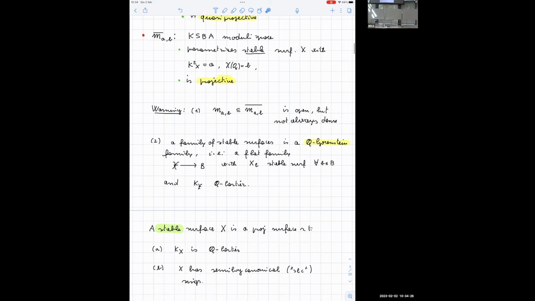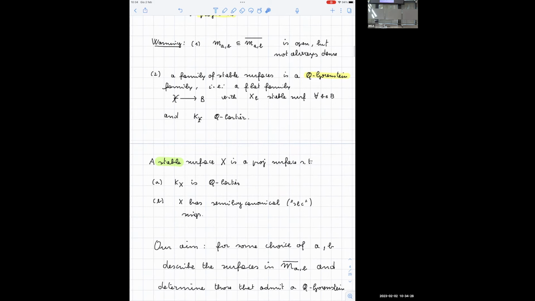So let's get to what a stable surface is. I'm not going to give you too many details. So K_X, the canonical class, is Q-Cartier and ample, and X has semi-log canonical singularities.